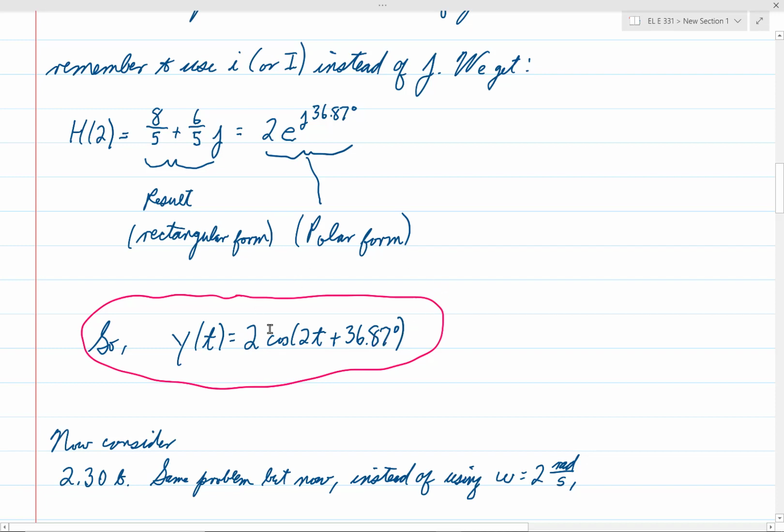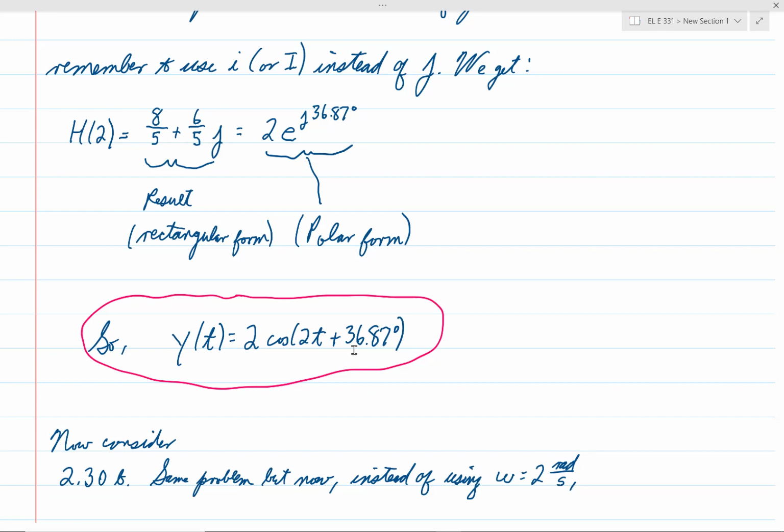So you can see here, multiplying that cosine of 2t, we have the magnitude of h of 2, and then the argument here has been shifted by the phase of h of 2. So it's just that simple to do these kinds of problems.